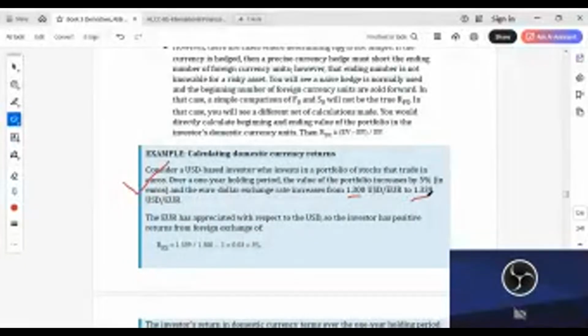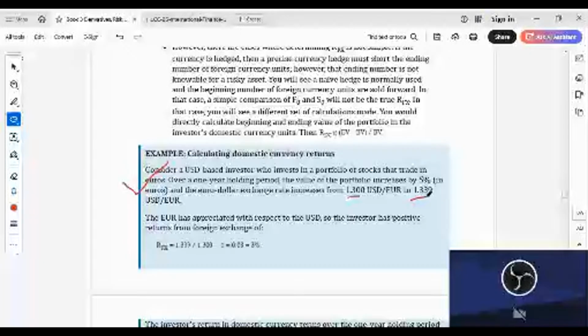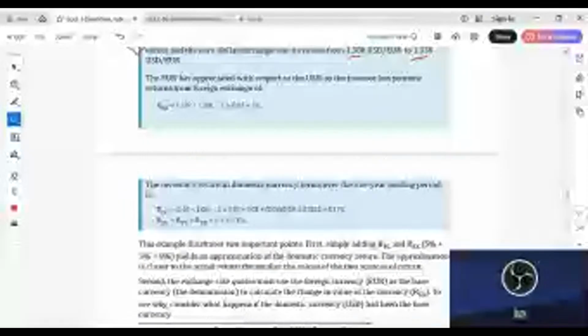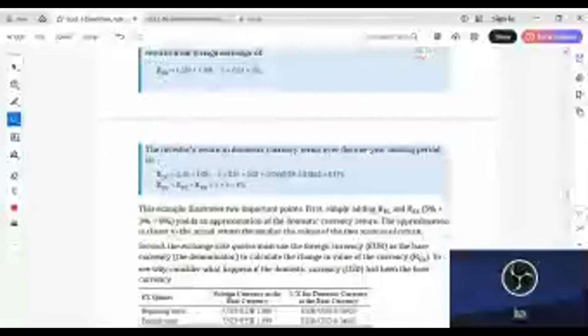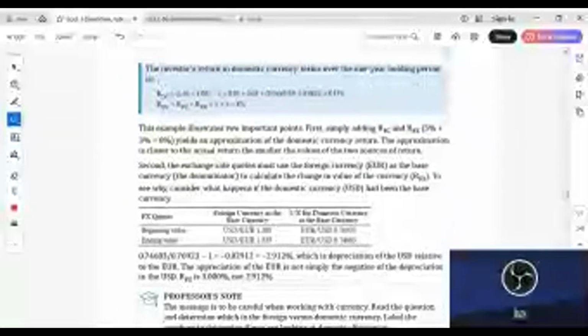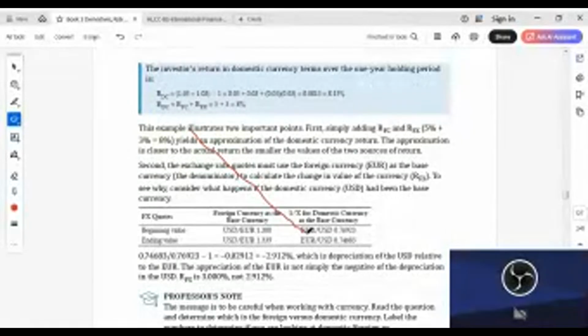So euro is also appreciated. So then you compound 5% and 3%, 8.15, and then just 8%. Then this is not required.